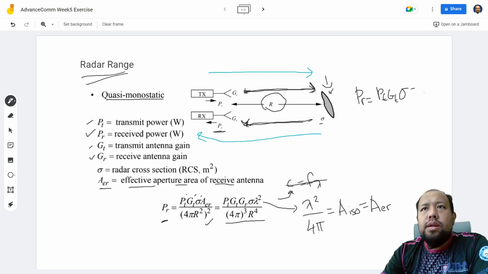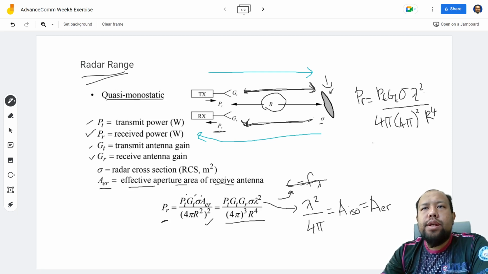So we have lambda square over 4 pi, and then 4 pi r square. We can separate the 4 pi squared, and then we can take out this r square over here, so we have r to the power of 4.